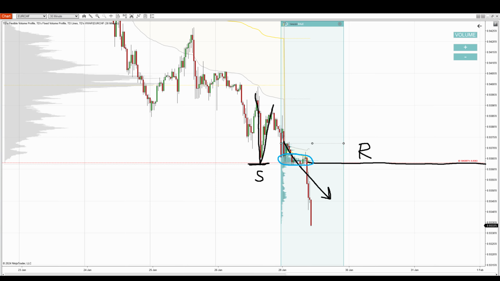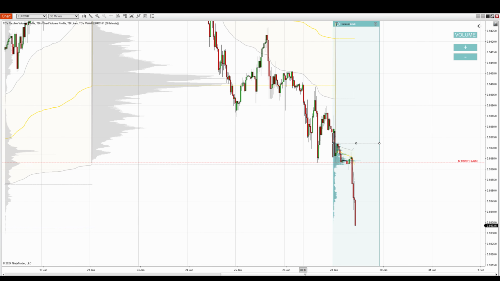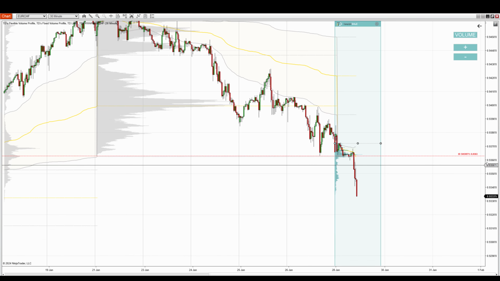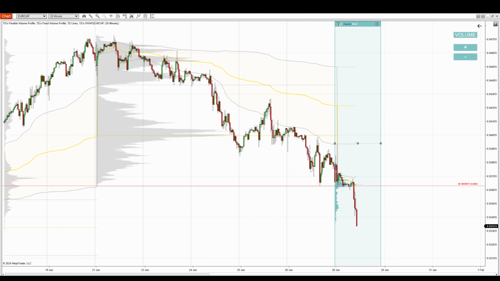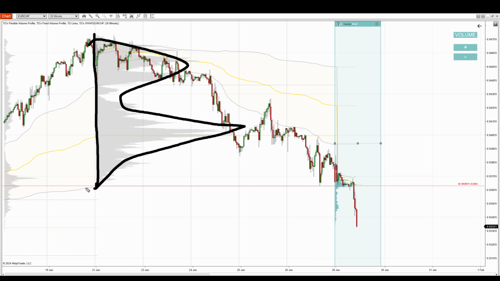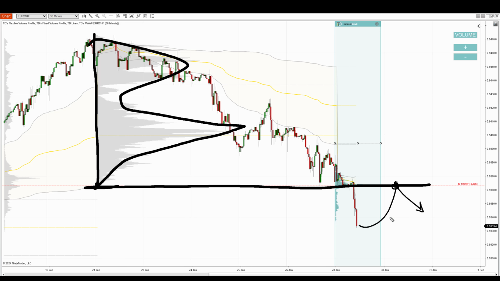And there's one more thing I wanted to show you. If you look at the weekly volume profile from the previous week, this one, then this is the low of the profile. This is the low of the previous week, which also adds to the strength because the price blew past that low of the previous week, and it's likely that it will react if it makes a pullback there.